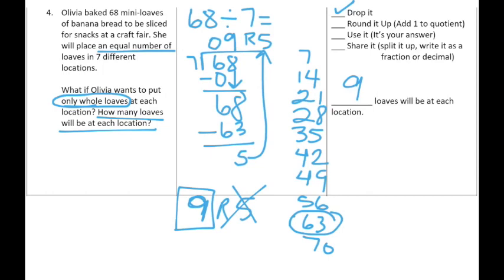Alrighty, we're ready to move on to our next problem. Last problem. Kate baked 84 muffins. If each tray held 9 muffins, how many trays did she use? So this is definitely a division problem.